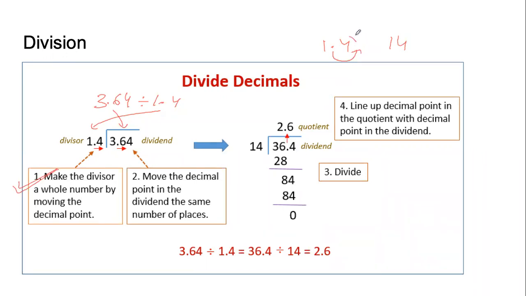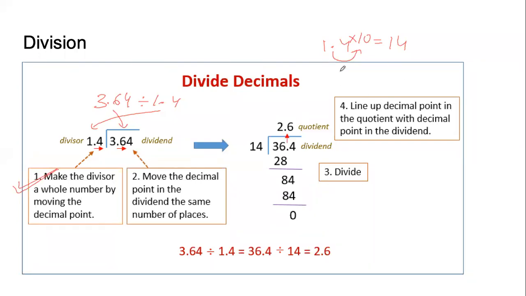That means when we multiply it with 10. So as many places as we move the decimal point in the divisor, we will move the decimal point as many places to the right in the dividend also.